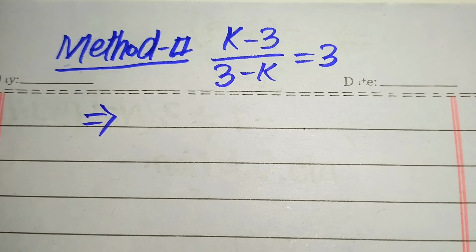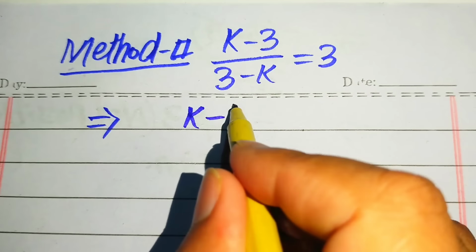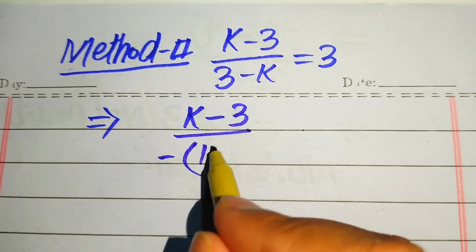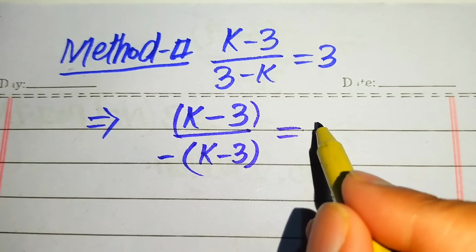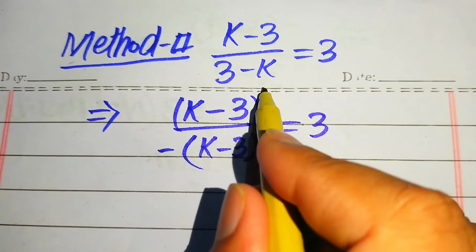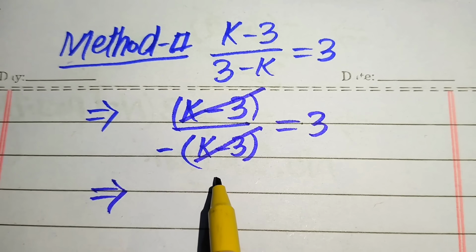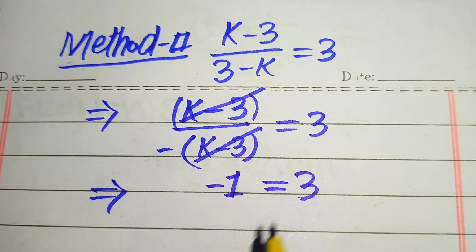We focus on the left hand side, and in the denominator we take a common negative sign. When we take the common negative sign, the remaining value is k − 3, and this equals 3. So this k − 3 and this k − 3 cancel out each other, and we get −1 = 3.